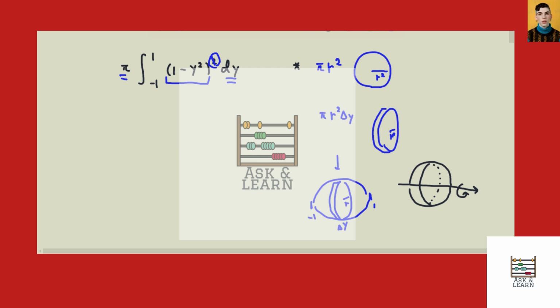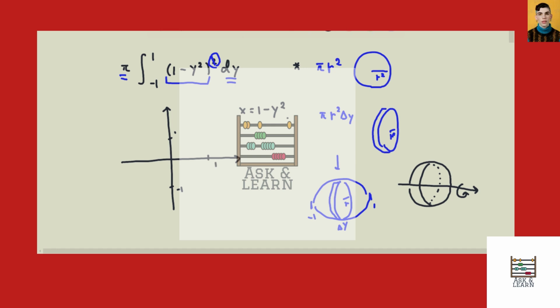The input is a y, and truly speaking, it really doesn't matter, but I think the book wants you to think about it this way, so I am actually going to go through it. 1 minus y squared. If I say x is equal to 1 minus y squared, x is a function of y, not a function of x. So if you graph it, it's actually going to be a sideways parabola that looks like this.